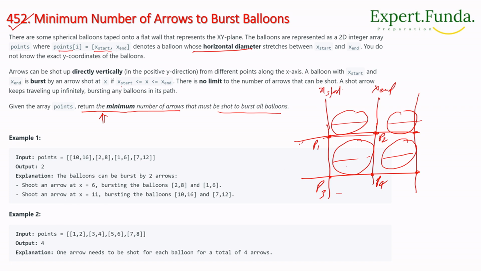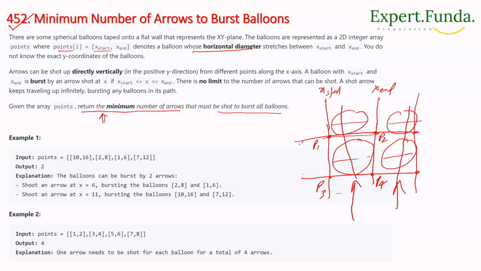Okay, now the other point is saying that we have one arrow, right? When we shoot an arrow, here someone is throwing the arrow, right, and this arrow will start moving. So if this arrow goes up, it will burst two balloons, right? And if it goes similarly elsewhere, it will burst two more balloons, so he will need two arrows.